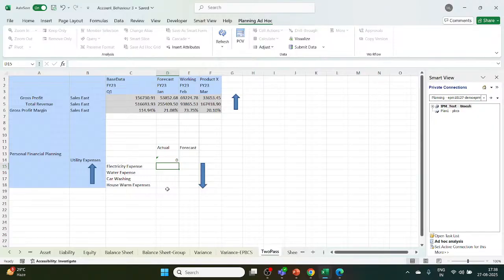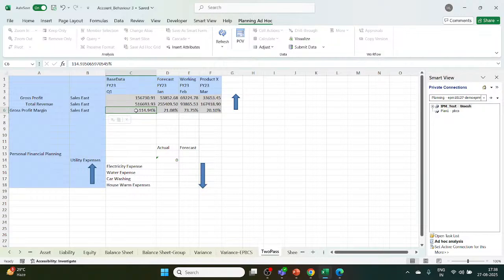So the electricity expenses, when we use the two pass calculation, that time the value would be on the basis of calculating the member twice in two passes.